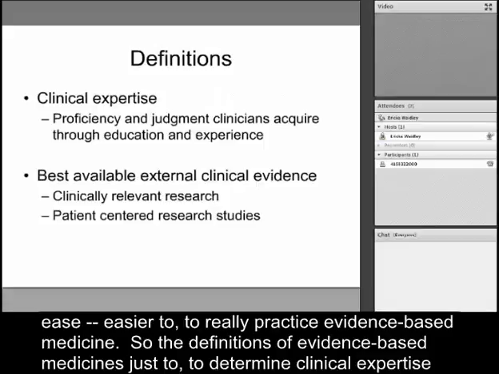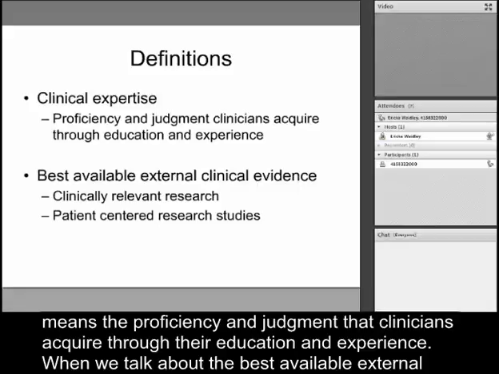So the definitions of evidence-based medicine: clinical expertise means the proficiency and judgment that clinicians acquire through their education and experience.